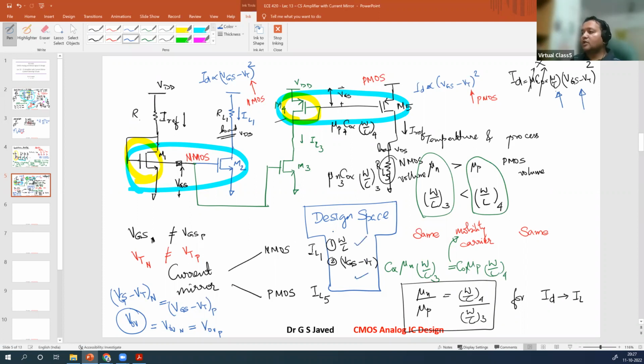Your current mirror, you can only control using W by L and the VGS minus VT. You can independently not control using VGS, independently not control using VT. And you know, VT also has temperature dependence, right? So in all these conditions, you will have to look at how you can maintain the difference, that is VGS minus VT, to be a constant.